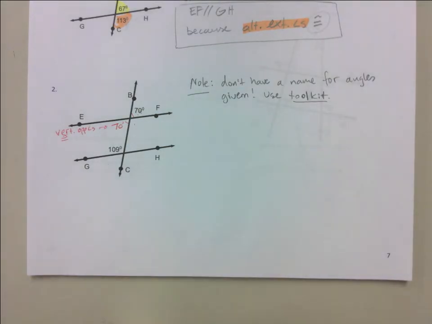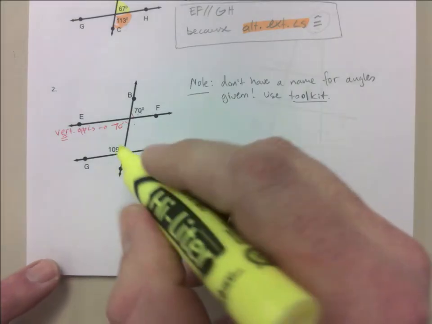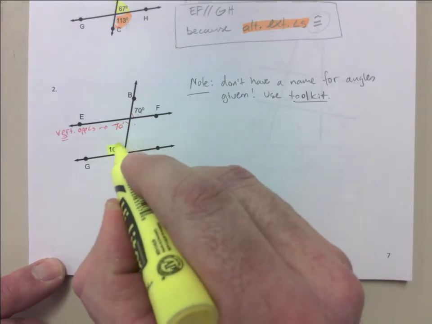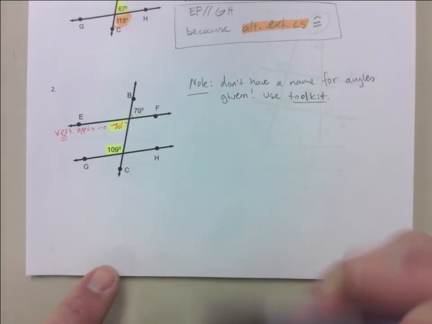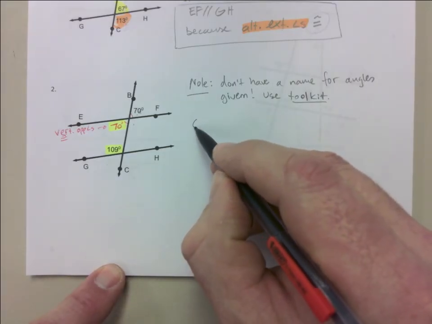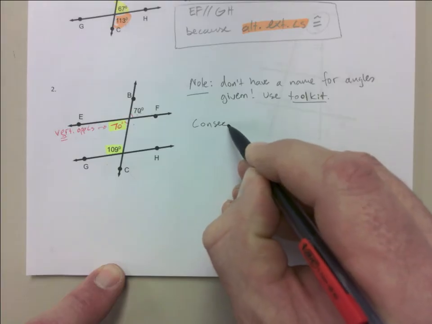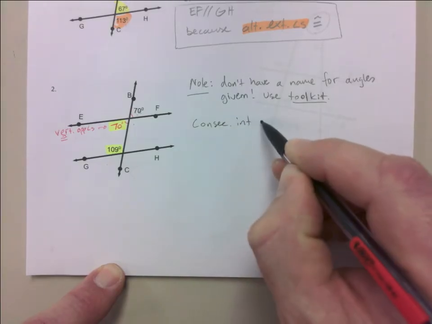Now, do I have a name for these two angles? You can check your notes. Yes. Consecutive interior angles. They're CIAs. So now I'm going to highlight that, okay, I have a name for them, and I will say consecutive interior angles.